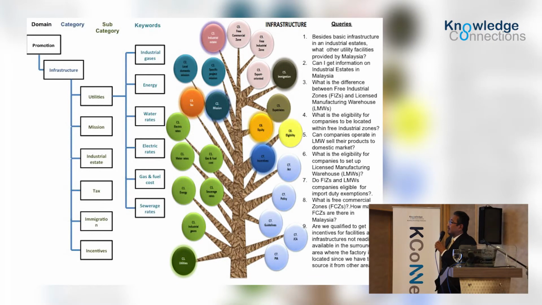And then we had to build the knowledge tree. How do we go about it? This is where the taxonomy comes in. When we started this pilot project, we had the ambition of having more than one domain.